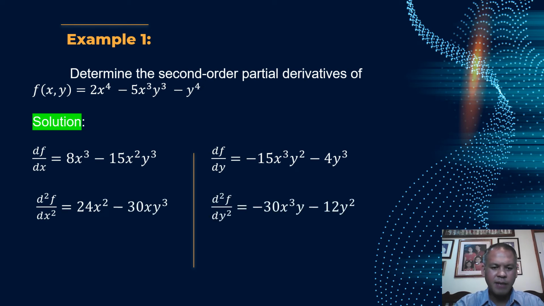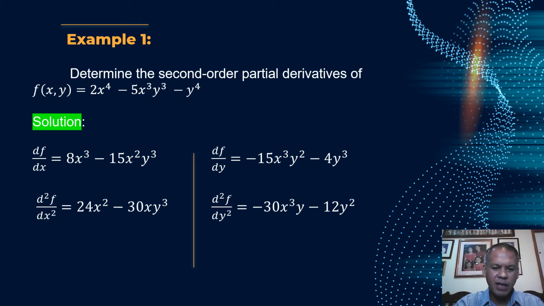For the second derivative of the function f of (x, y) with respect to x, we simply find the derivative of the first derivative with respect to x. For the derivative of 8x cubed, we have 24x squared.